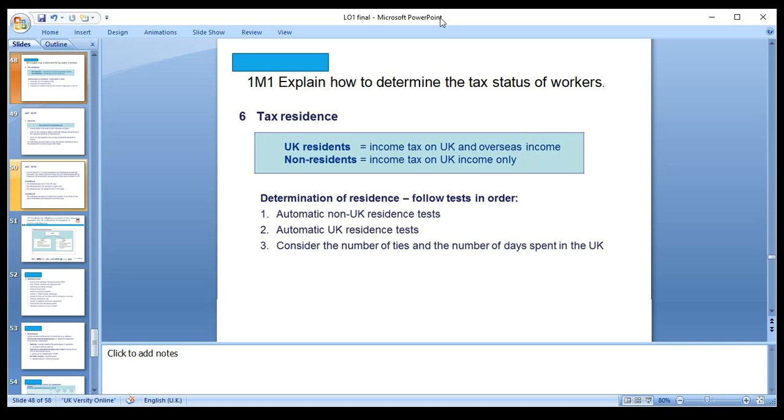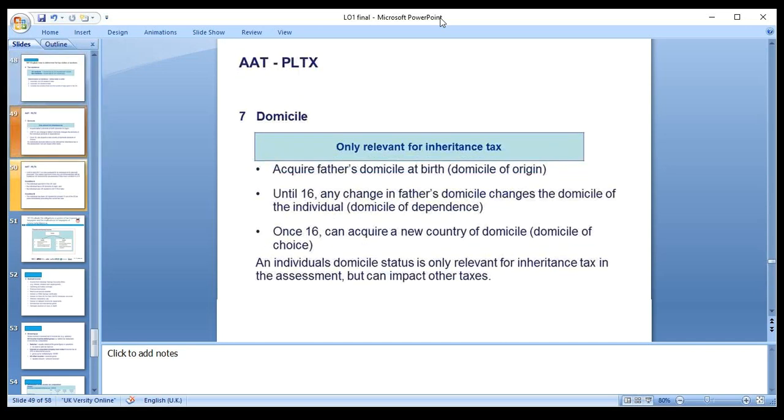Determination of residence follows tests in order: the automatic non-resident test, the automatic UK resident test, and then considering the number of ties and the number of days spent in the UK. Domicile is only relevant to inheritance tax; the father's domicile is acquired at birth until 16.